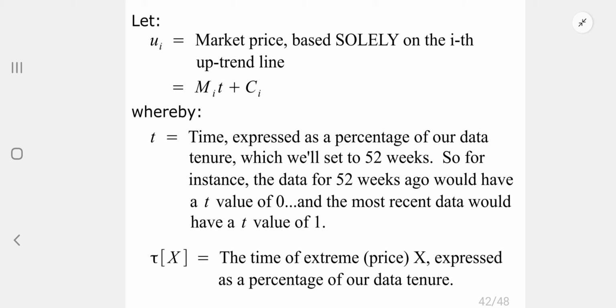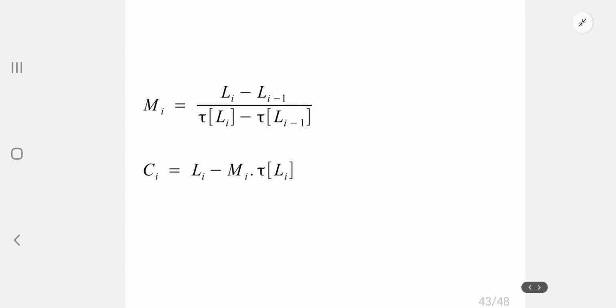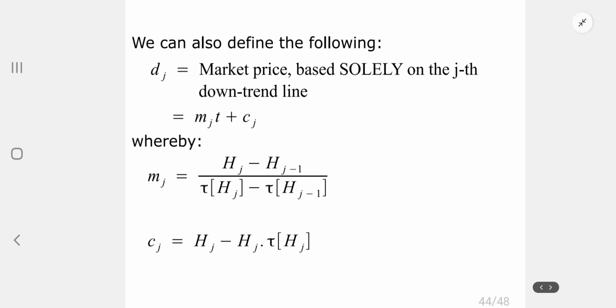And tau of X equals the time of extreme price X expressed as a percentage of our data tenure. So we have big Mi equals Li minus Li minus 1 divided by tau of Li minus tau of Li minus 1, and big Ci equals Li minus big Mi times tau of Li. We can also define the following.